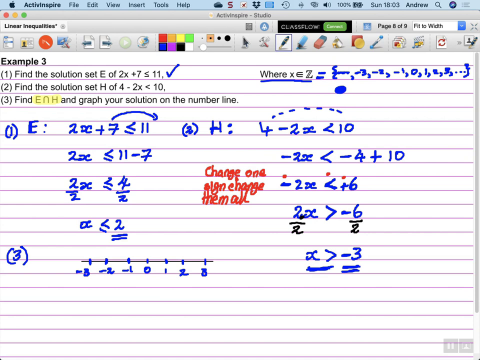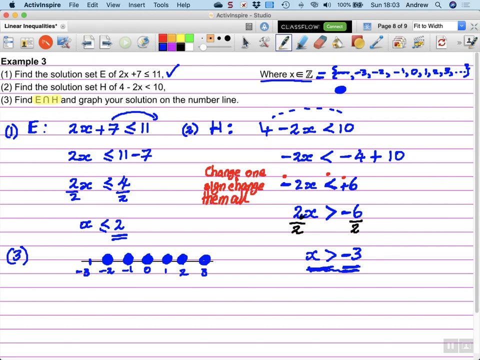Now, it says here, starting off with this one, I need x to be bigger than minus 3. So I have to start going up. So if x is bigger than minus 3, then I'm looking at this one here is going to be minus 2, minus 1, 0, 1, 2, 3, and I can just keep going.